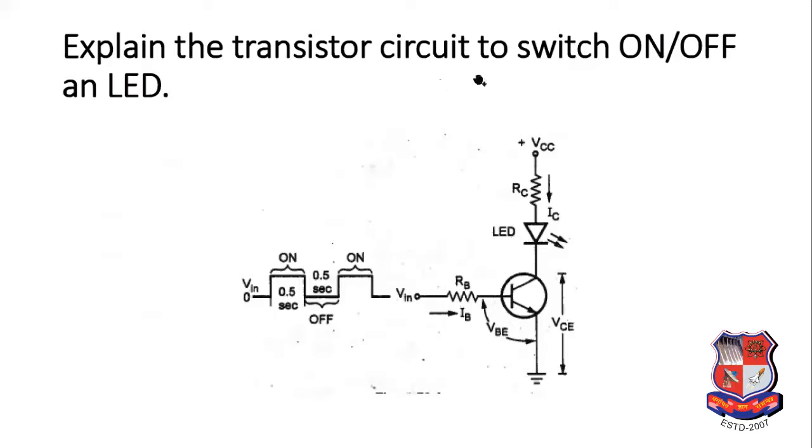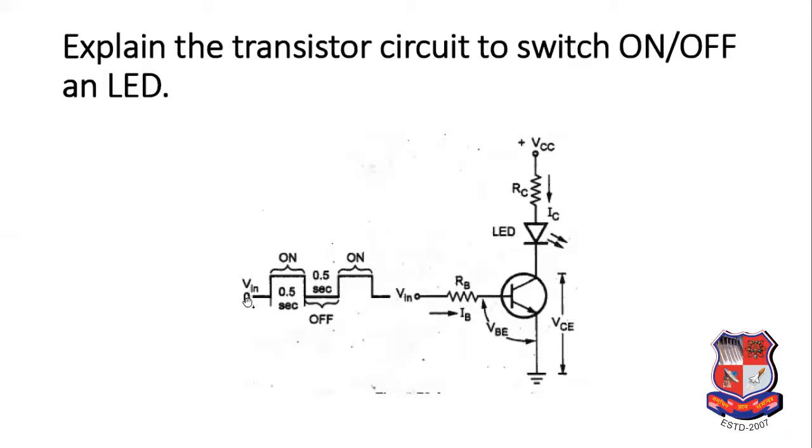Explain the transistor circuit to switch an LED on and off. If we want to continuously blink the LED, then we have to arrange this kind of circuit. You can see here the LED is placed at the collector terminal of the transistor, and as an input we are providing a square wave.